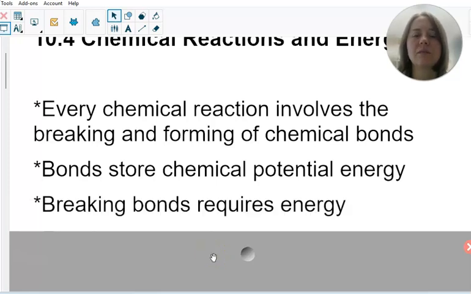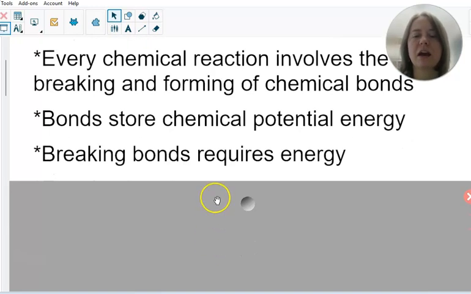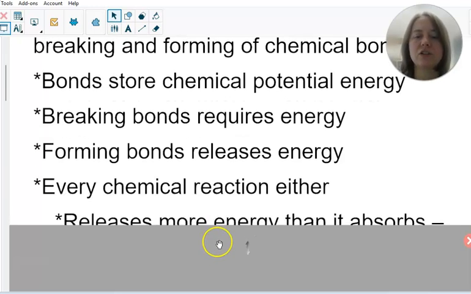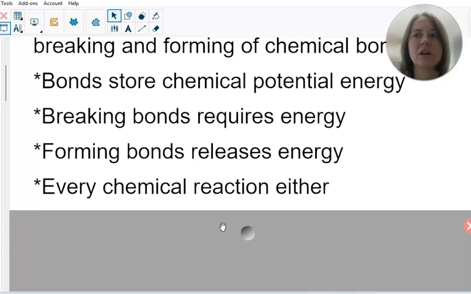Breaking bonds requires energy, and forming bonds releases energy. So the question is, which one is more? To break a bond, it's going to take some energy, and when you form a new bond, it's going to release energy.